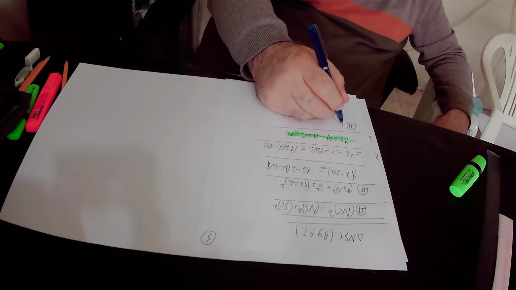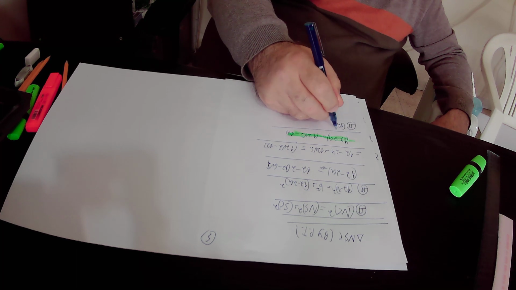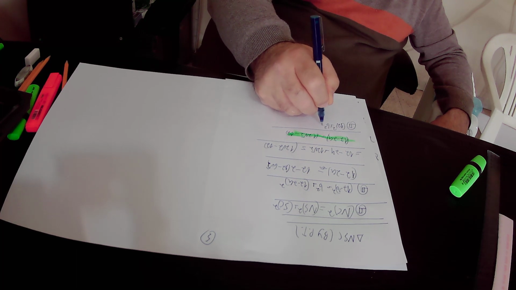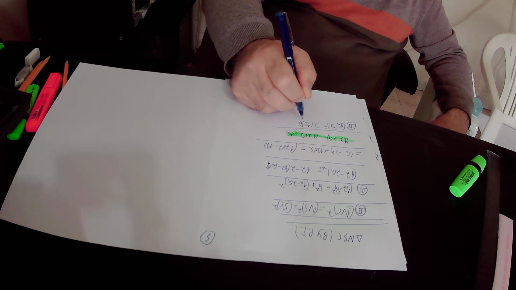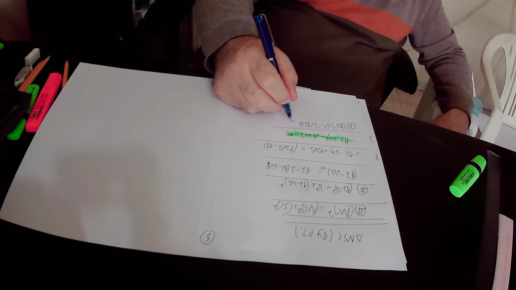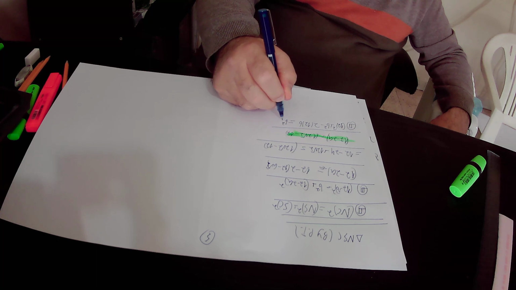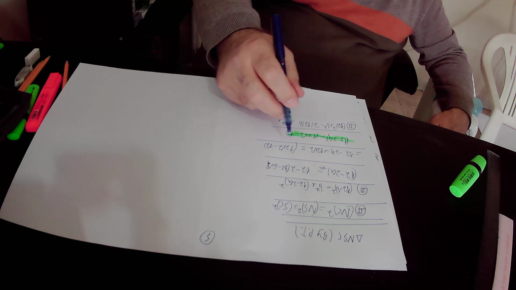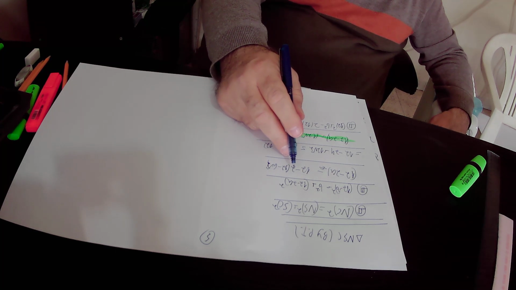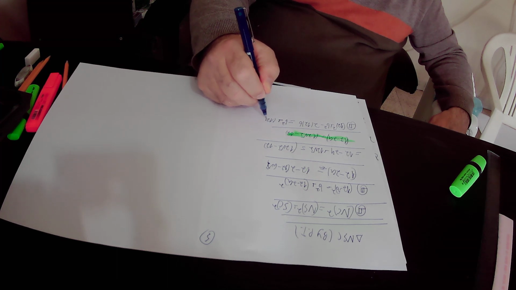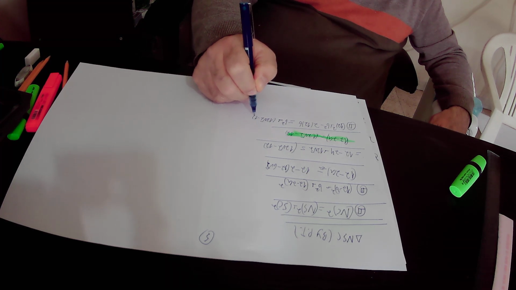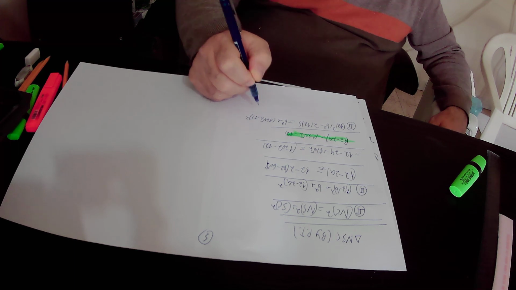12 minus b squared equals 12 squared plus b squared minus 2 times 12 times b. That equals b squared plus 12 minus 2a. We have already found out that 12 minus 2a equals 12 times square root of 2 minus 12, squared.